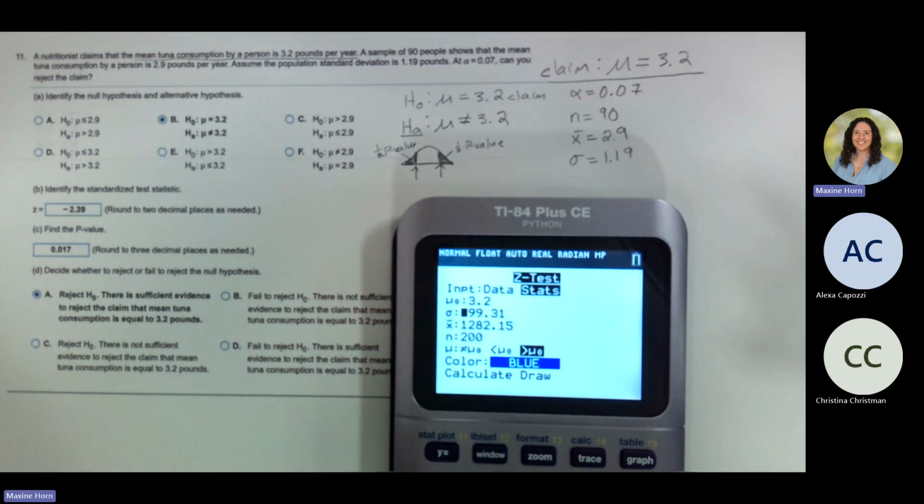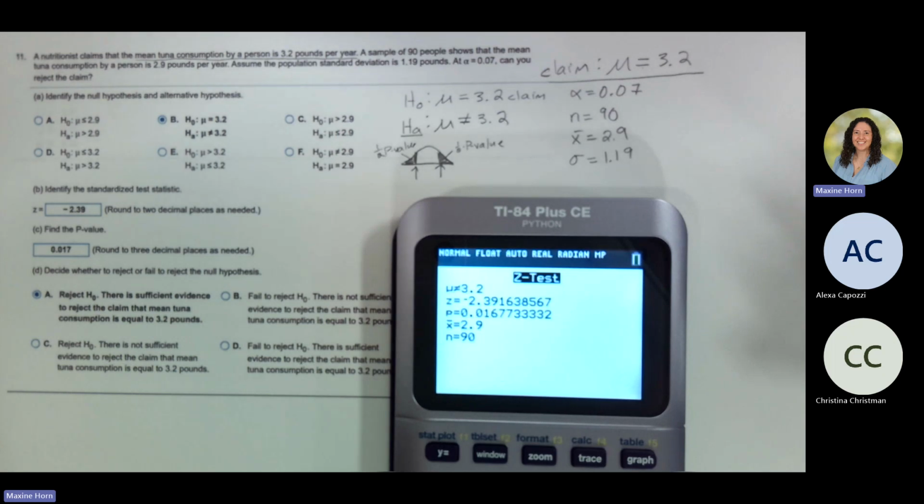Our population standard deviation is 1.19. The x-bar, our sample mean, is 2.9. Our sample size is 90. And we have a not equal to, because our alternative hypothesis is a not equal to. Then we're going to say calculate.